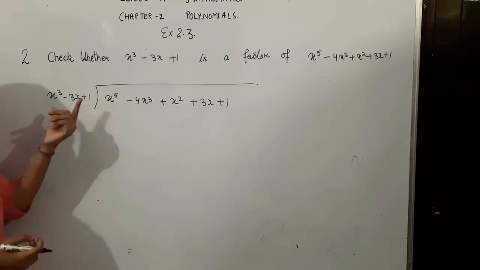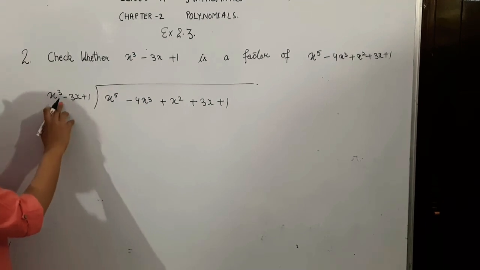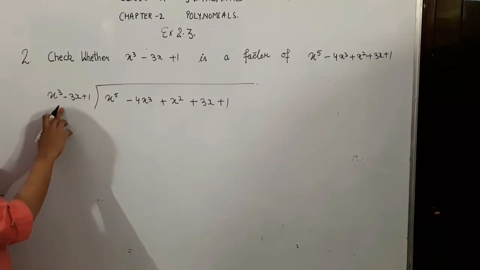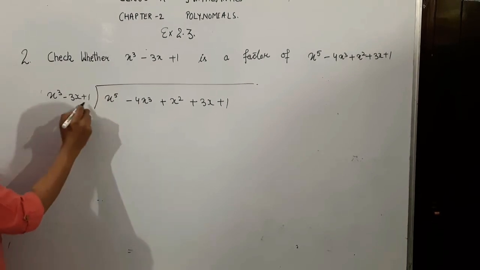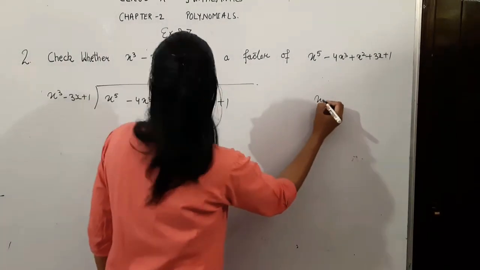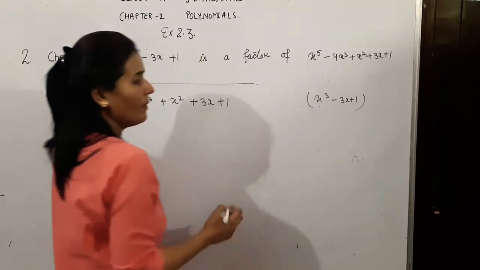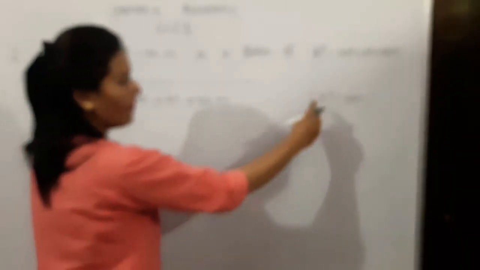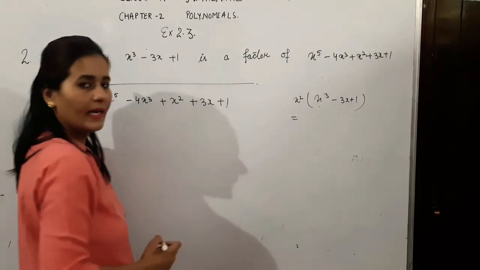See, this is the divisor and this is the dividend. Okay, so which number should this be multiplied by, x cube minus 3x plus 1, so that it becomes x power 5? Here power is 3, we need power 5. So we will multiply it by x square.